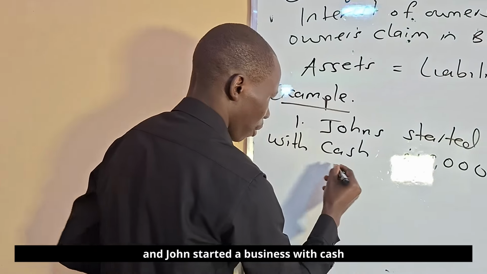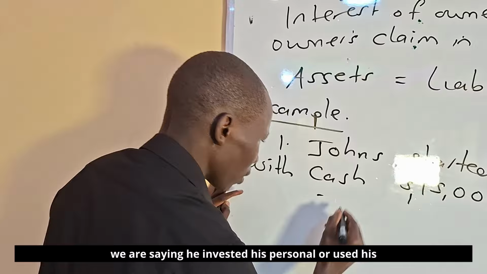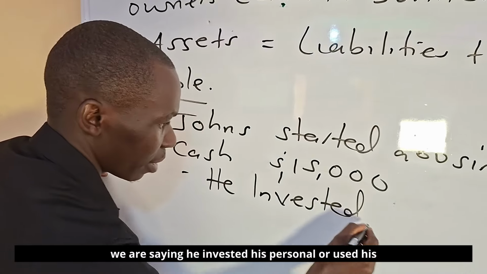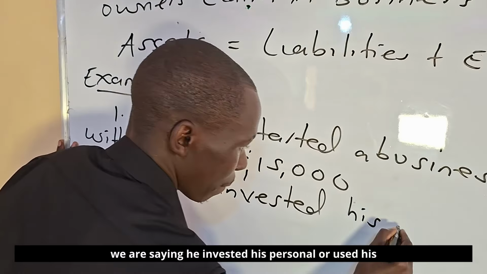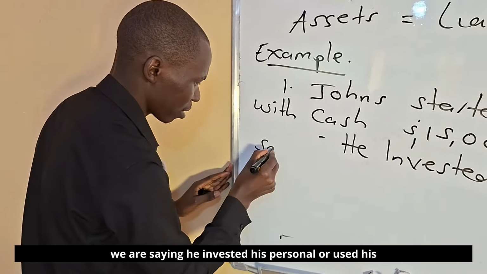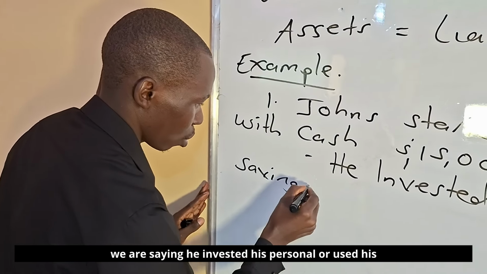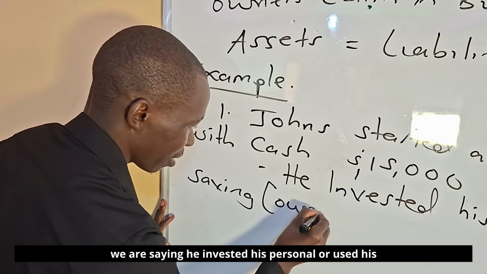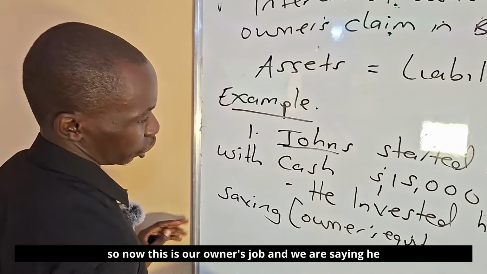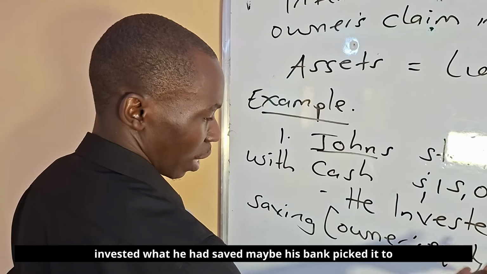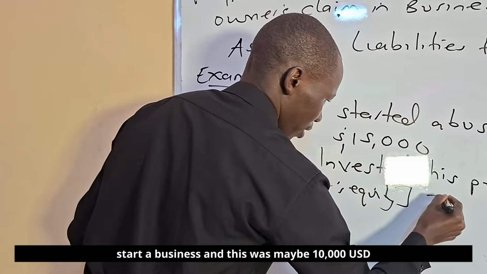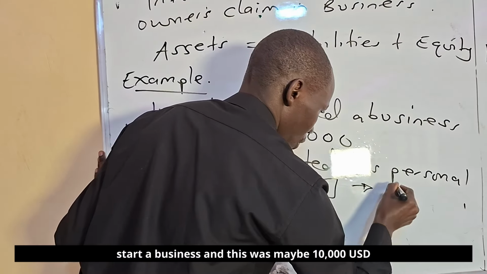Maybe they give you more information by saying he invested his personal savings, that is owner's equity. The owner is John, and he invested what he had saved in his bank to start a business, and this was maybe 10,000 US dollars.